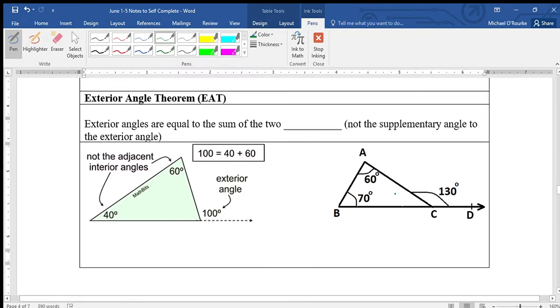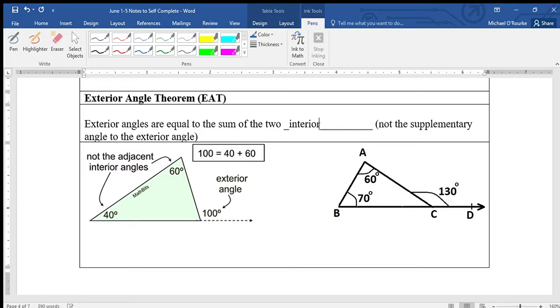So this is a really neat one that sometimes takes a little bit of time to understand. It takes a little more time to see, but once you see it, it makes your math much easier. Exterior angle theorem: an exterior angle is equal to the sum of the 2 opposite interior angles.